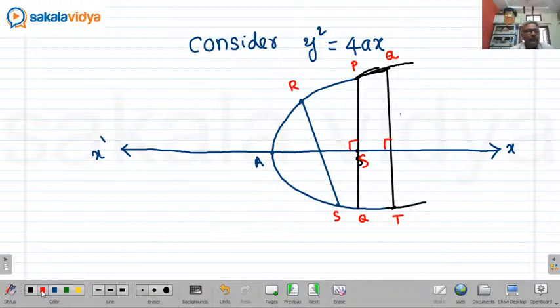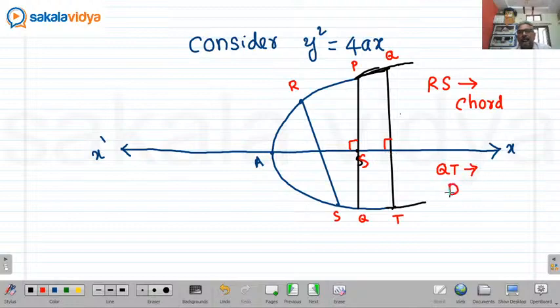See, this QRS is called chord. The line segment joining any 2 points on the conic is called chord. RS is called chord. QT is a chord but perpendicular to the axis.